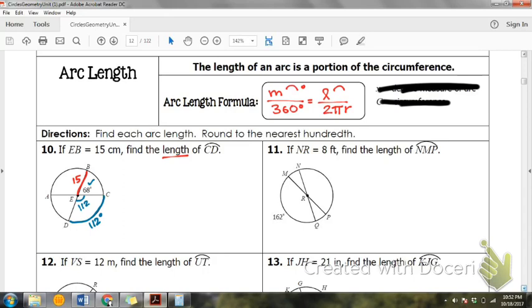Okay? So we can do our formula here. It's good to write down. The measure of the arc over 360 equals the length of the arc over 2 pi r. The measure of our arc was 112 divided by 360 equals the length, and that's what we don't know. So we can just put in x, because that's what we don't know, the length. 2 pi, and our radius is 15.